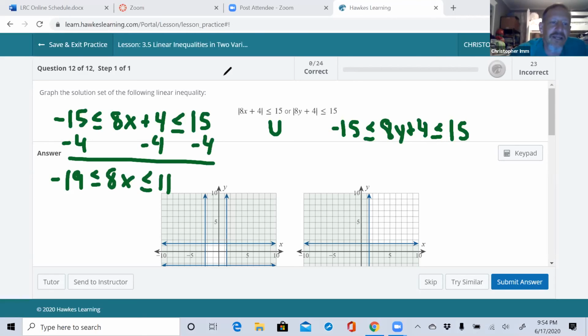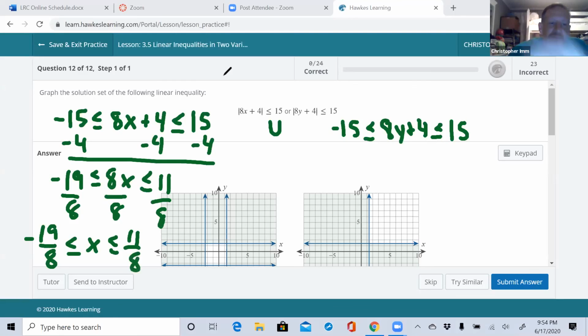And if I divide by 8, I have negative 19/8, which is a little bit less than negative 2, is less than or equal to x is less than or equal to 11/8, and that's a little bit more than 1. This is on the x-axis, so these are vertical lines. We're looking at all the x values that are in between these 2 points.